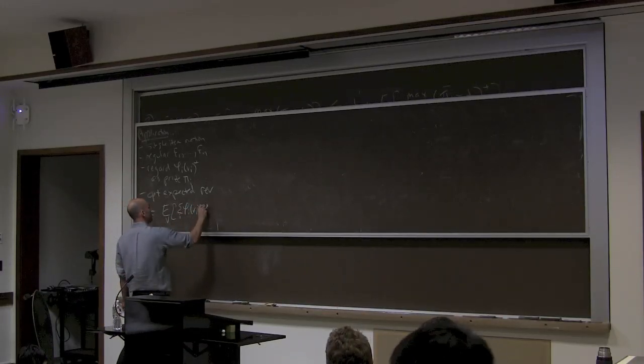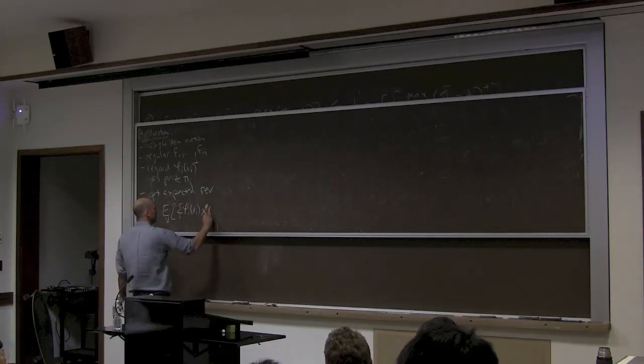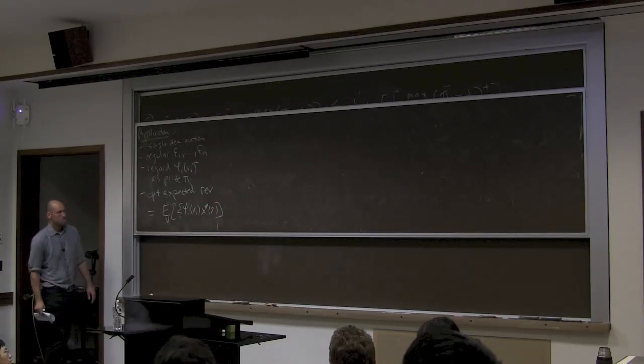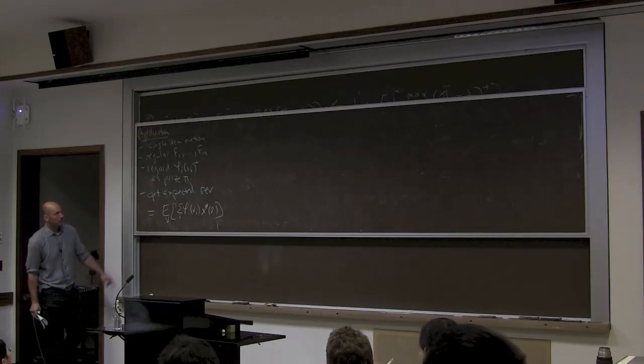Let me write X star to denote the virtual surplus maximizing allocation rule. In a single item auction, what is this?